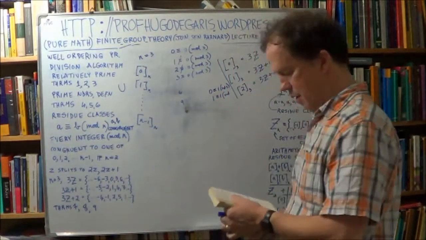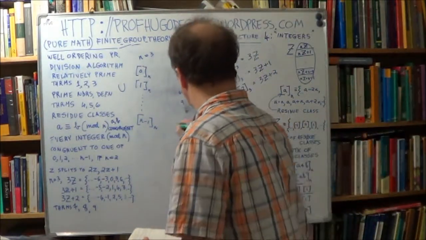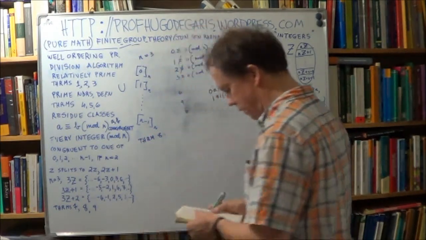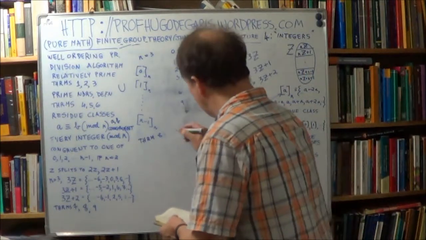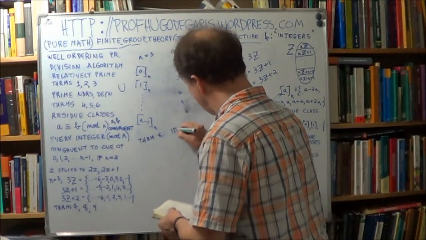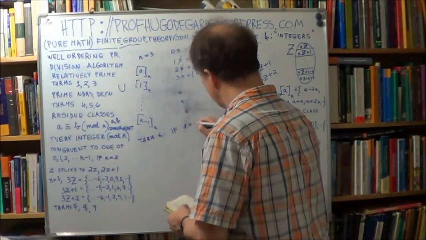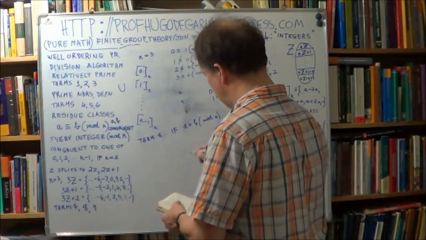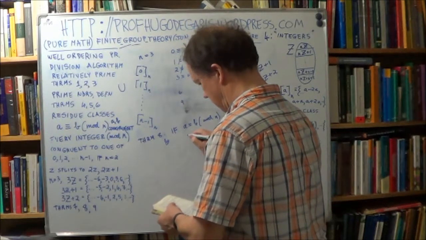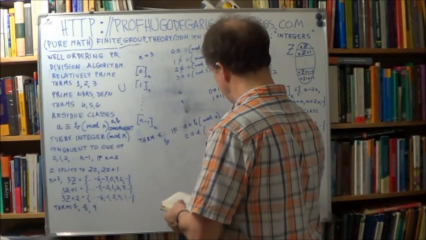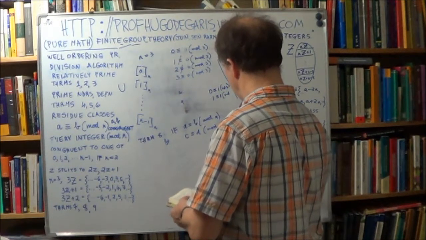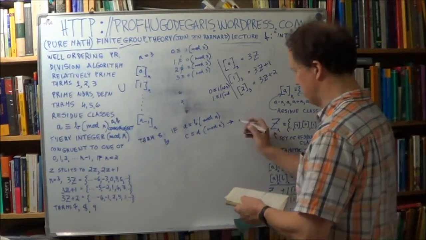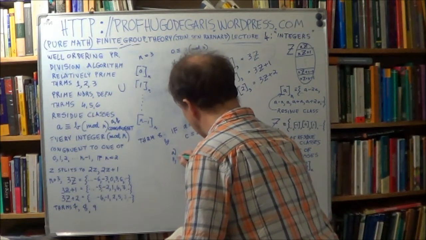Theorem 8 says that if A is congruent to B mod n, and C is congruent to D mod n, then two things.